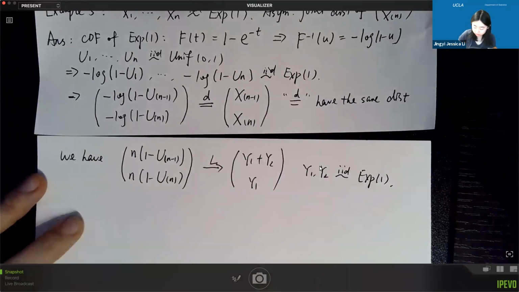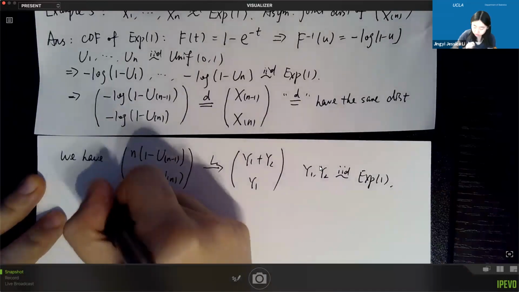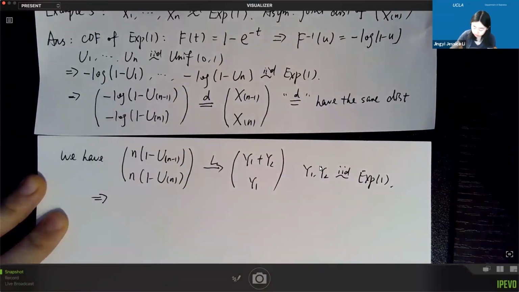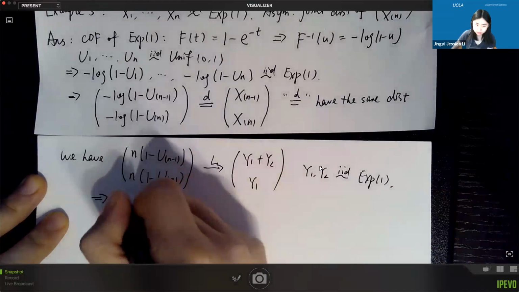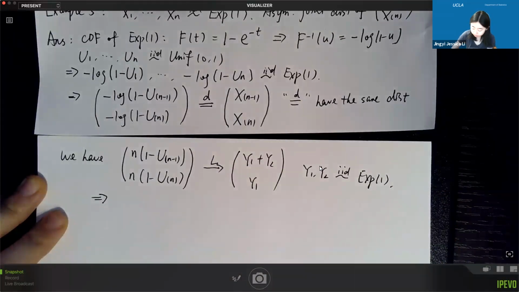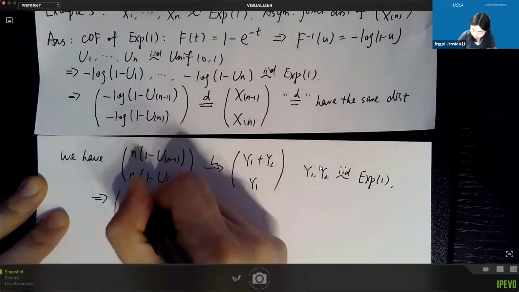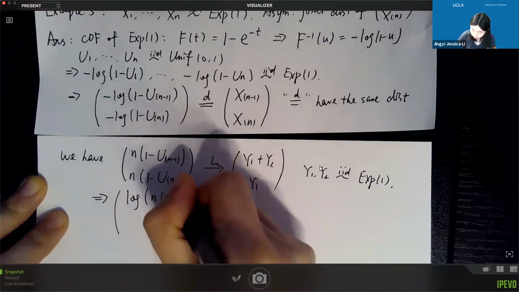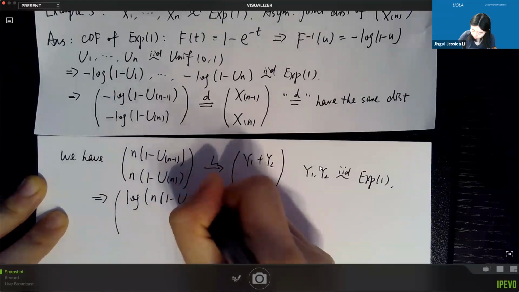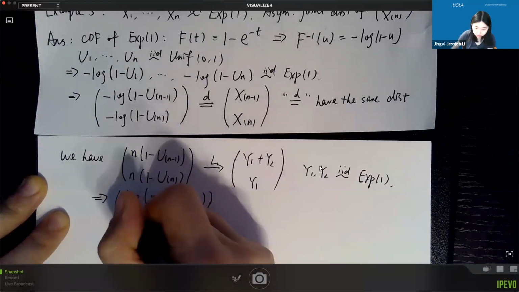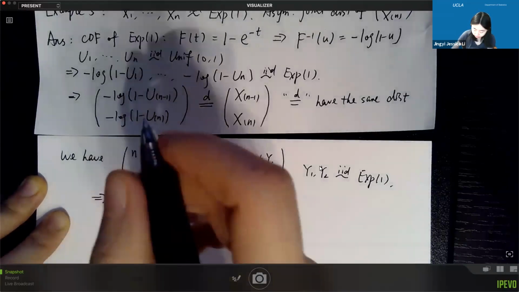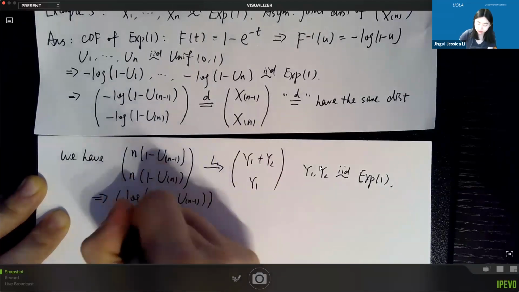Now we're going to go back to here. If I apply log to both sides, I can do it by the continuous mapping theorem. So I can have negative log of n(1 minus U_{n-1}) and negative log of n(1 minus U_n), to be consistent with here.